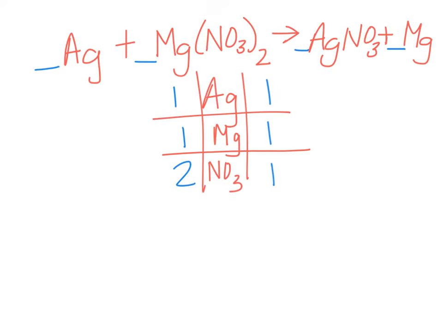Magnesium looks good, but our nitrates need to be balanced. So we need to make this one a 2 somehow. Once again, you can only add numbers in the front. So I'm going to put a 2 in the front. So notice that that changes the silvers to 2. And then that will give us the 2 nitrates that we were looking for.